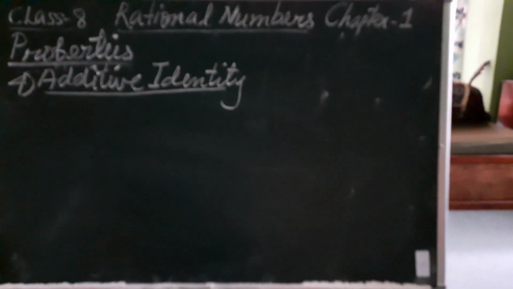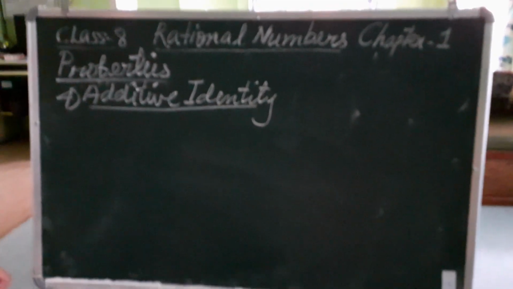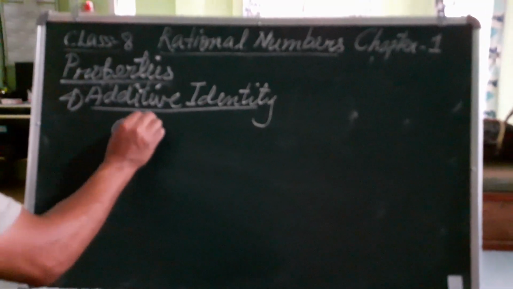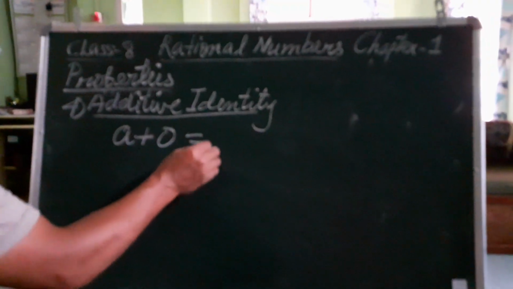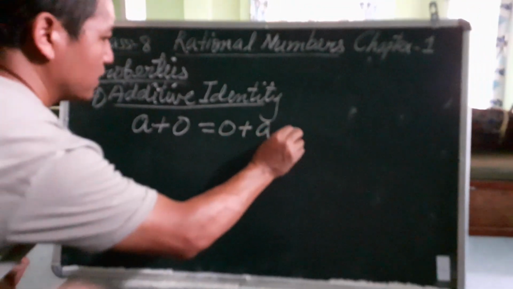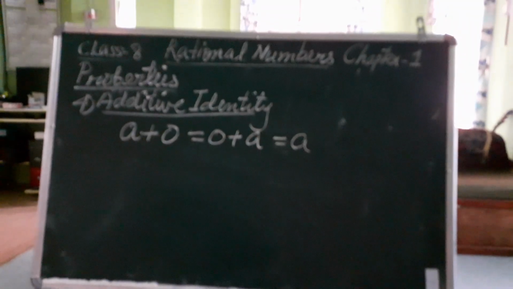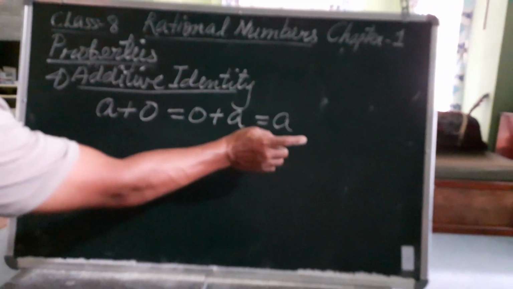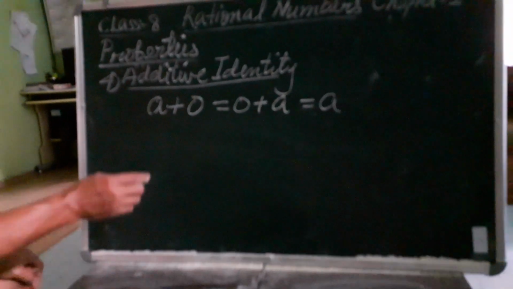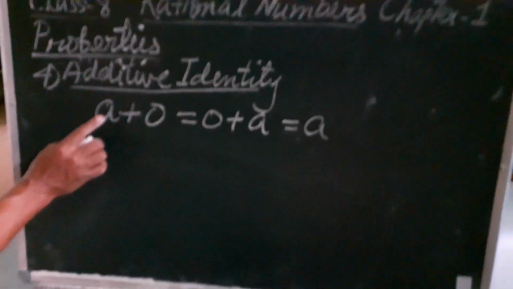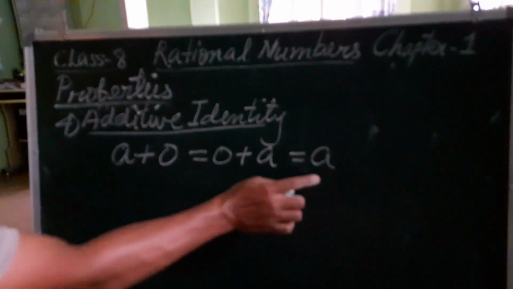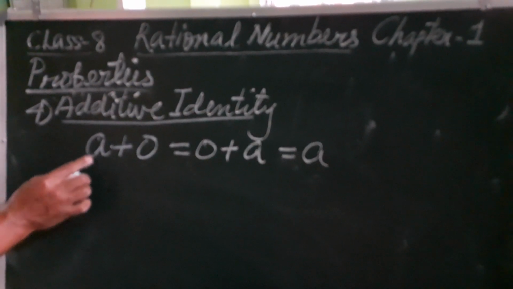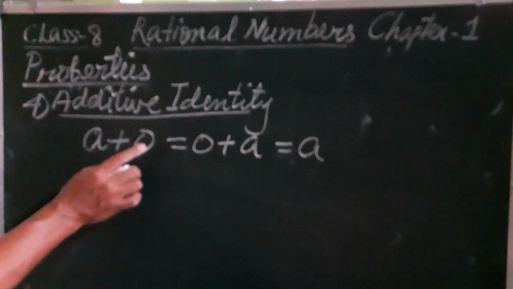The next property, additive identity. If A is a rational number, then A plus 0 will be 0 plus A, will always give the answer A. This means that if you add 0 to any rational number, you will always get the same rational number. Here, the identity of A is A. When you add 0, the identity remains the same.